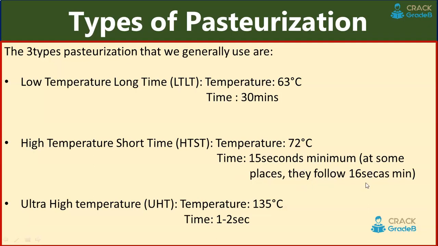At some places they follow 15 seconds as minimum time, but we generally follow 15 seconds as per FSSAI. Ultra high temperature, UHT: temperature requirement is 135 degrees Celsius and time is 1 to 2 seconds.